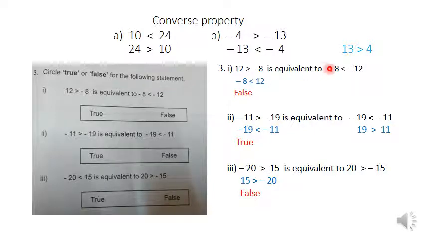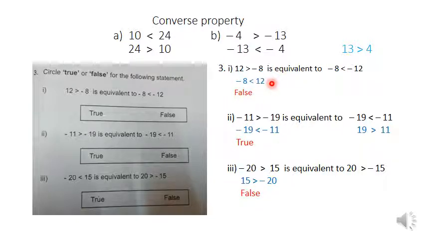But the given inequality is different. Negative 8 is less than 12 is your converse property, but the given one is negative 8 is less than negative 12. Is it the same? Negative 8 is less than negative 12, and the other one is negative 8 is less than 12. Different, right?